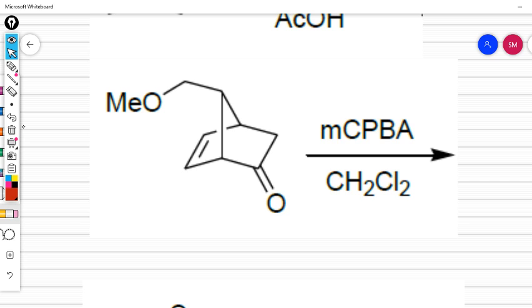So here the acid is metachloroperbenzoic acid. Here is the carbonyl carbon. This side is secondary, this is tertiary. So oxygen insertion will be there. As there is also a probability of oxidation, you can get both probable products.